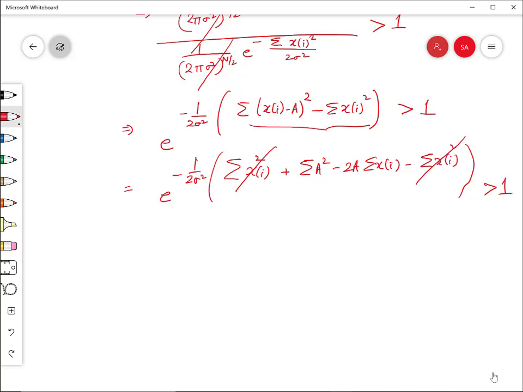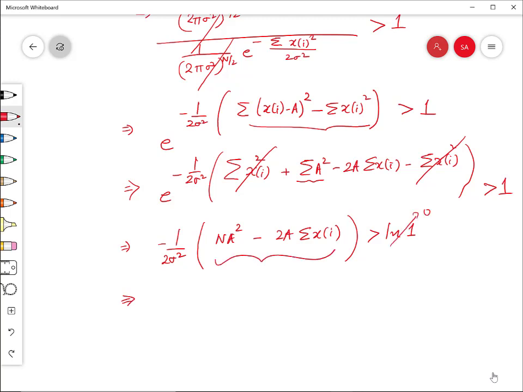Let's take the log on both sides. It becomes minus 1 over 2 sigma square times (N A square minus 2A summation xi) is greater than log of 1. Natural log of 1 is equal to 0. So what we are left with is that this expression is less than 0.